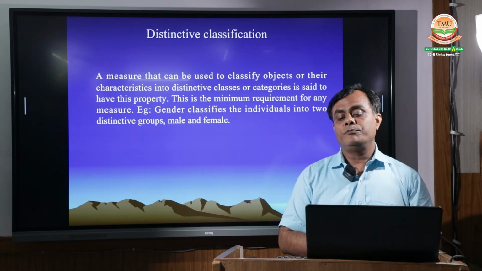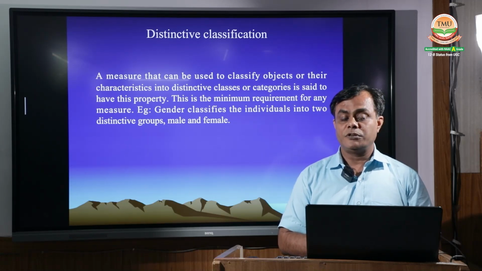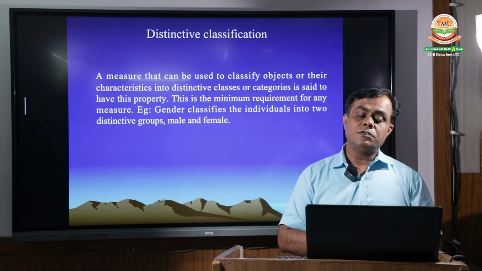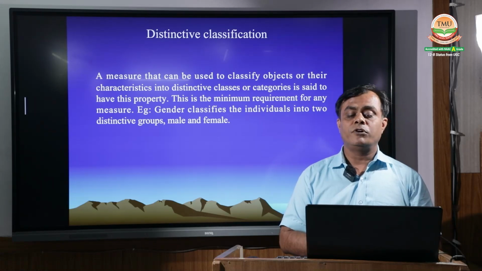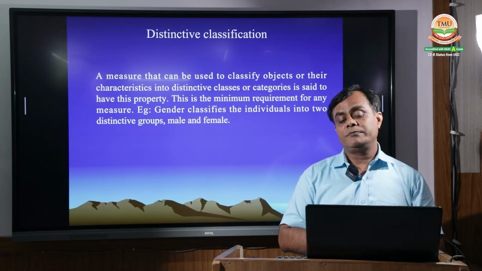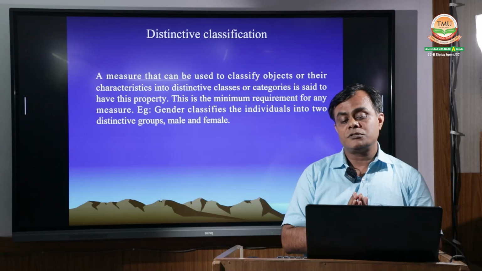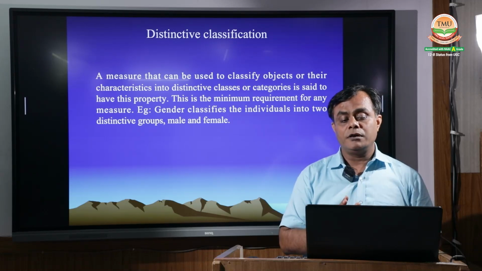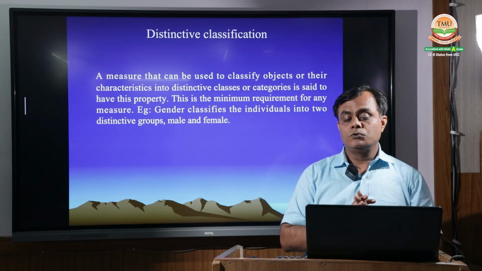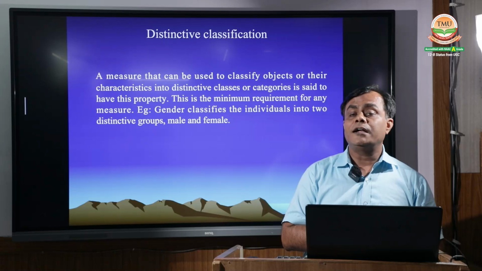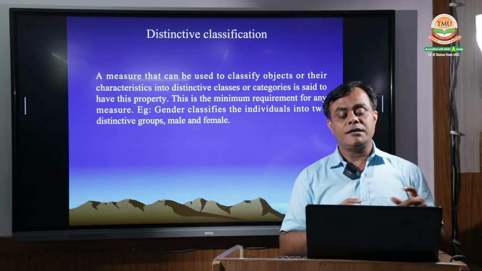This is the minimum requirement for measurement. Distinctive characteristics are very clear and obvious, so they can be distinctively classified and categorized.